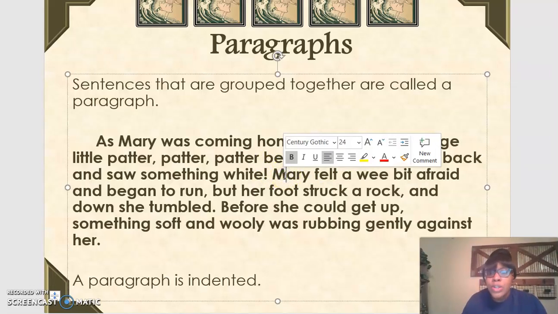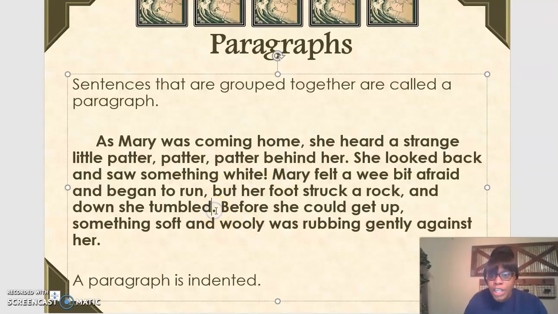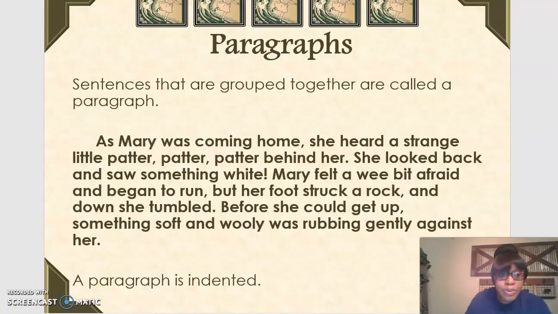Sentence three started with a capital letter, ended with a punctuation. And sentence four started with a capital letter and it ended in a punctuation. But let's look at this paragraph. Another thing that a paragraph has is indentation. So a paragraph has to be indented. Let's move on.